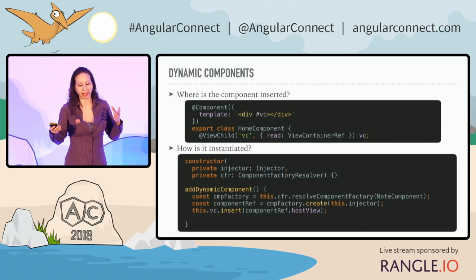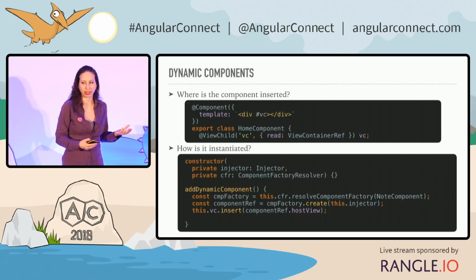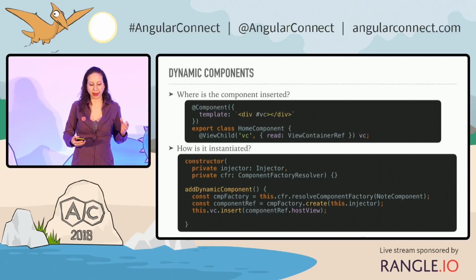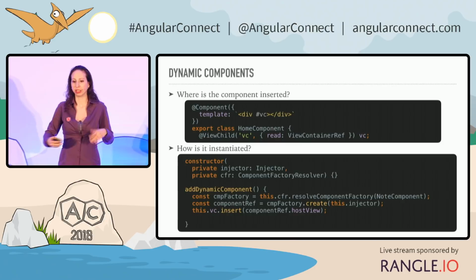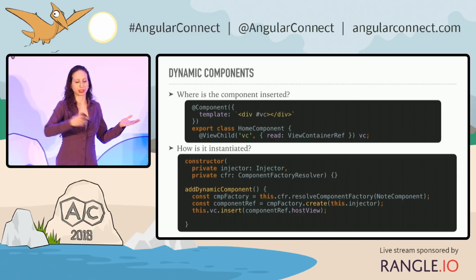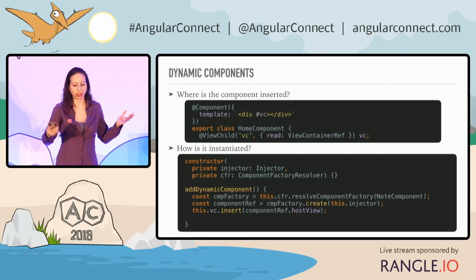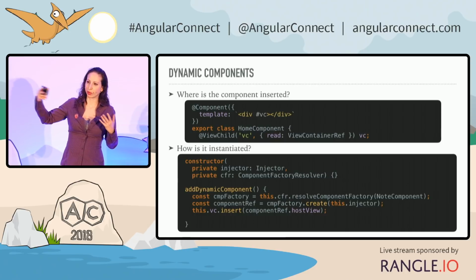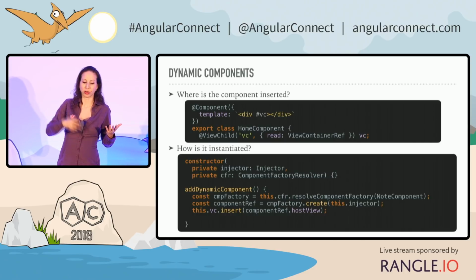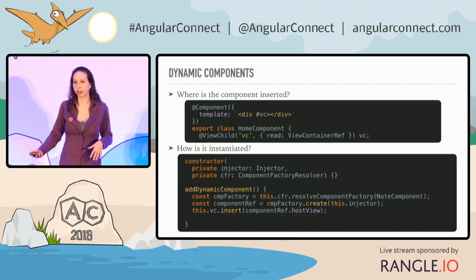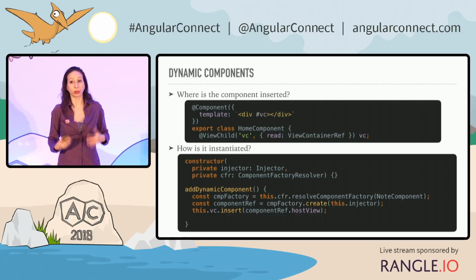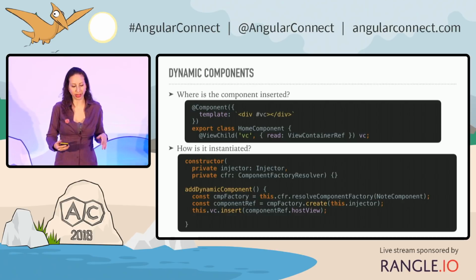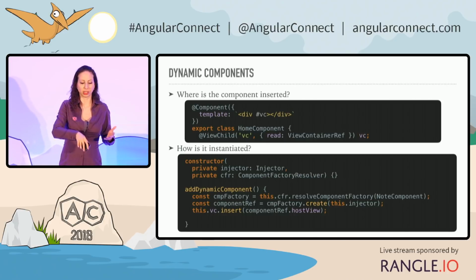Then when I want to add the component dynamically, I need to resolve its factory first, because Angular has created a factory, but I need to get it. So we have a component factory resolver for this. We also need to create then the instance from the factory with the injector that we have on this component, or maybe on its parent component, whichever injector that we want. And then we insert it to the view container ref.